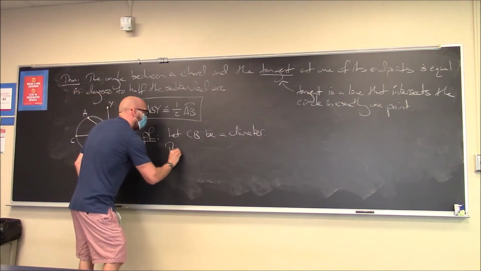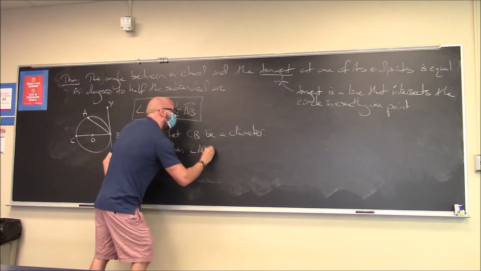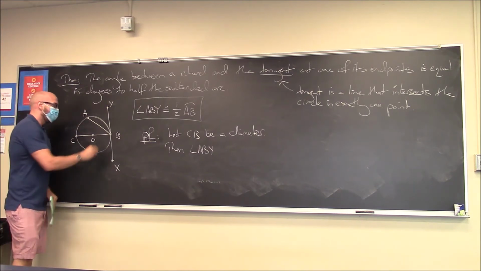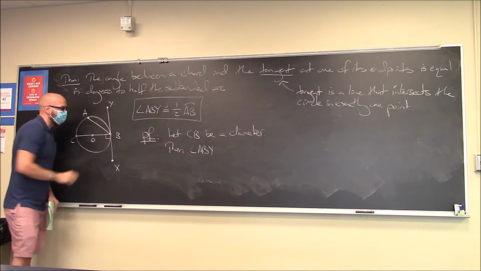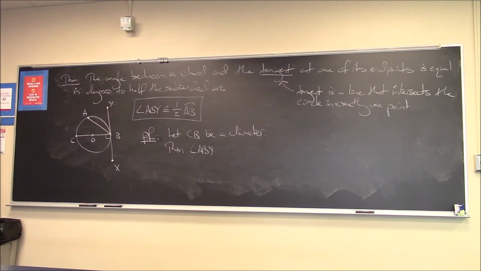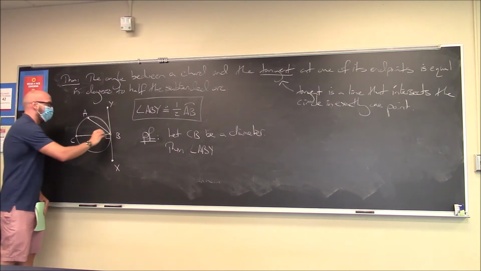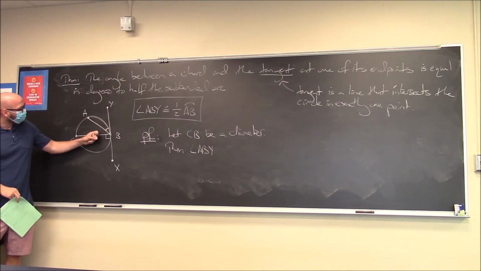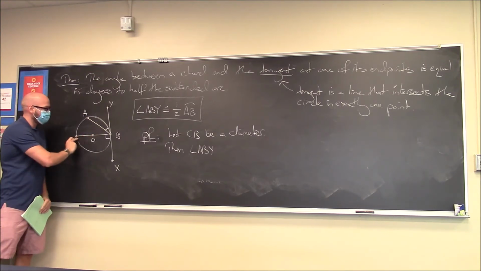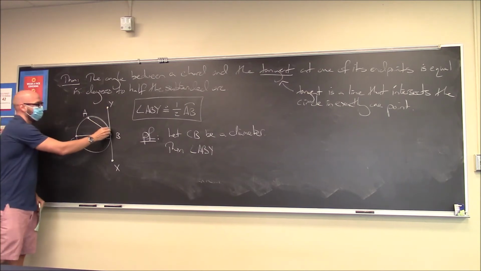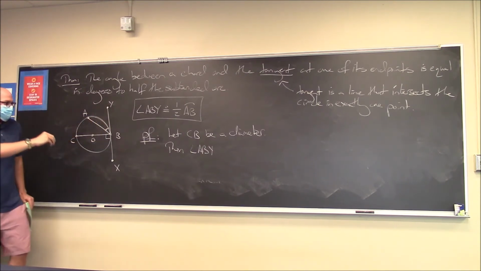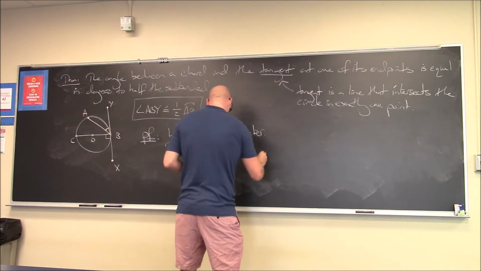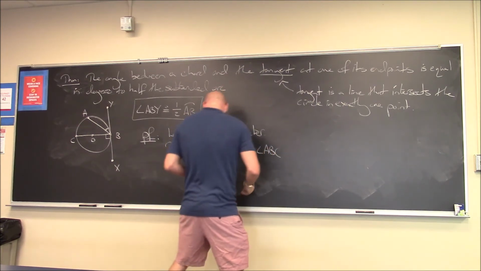Then angle CBY, what you'll have to believe here, I'm not going to prove this, is always a right angle. It's not hard to convince yourself of this. So angle ABY, the one we're looking for, is 90 degrees minus this angle here, ABC. Because ABC and ABY are complementary angles. Angle ABY is 90 degrees minus angle ABC.